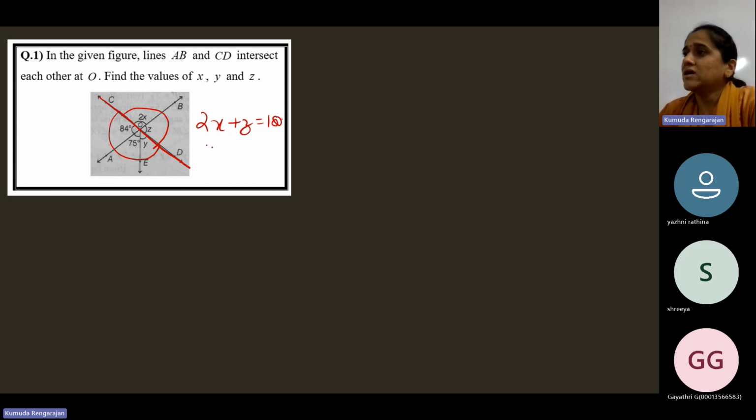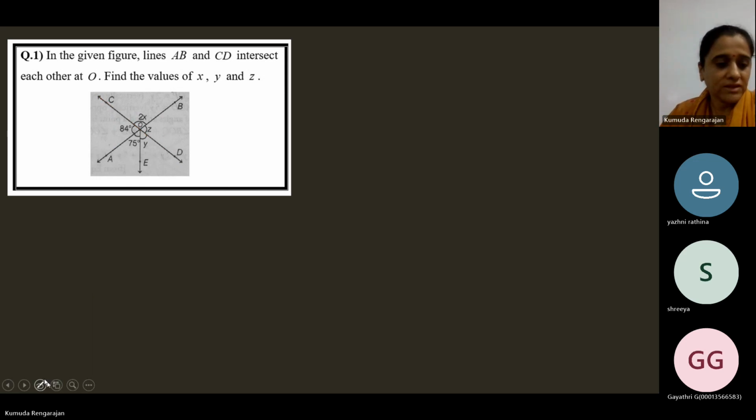Yes, you can do that. So you can start with any equation where there's only one unknown. If you construct an equation with two unknowns, you cannot solve and find the value of any unknown. So go ahead with any equation where there's only one unknown so that you can find its value. We'll do it together.